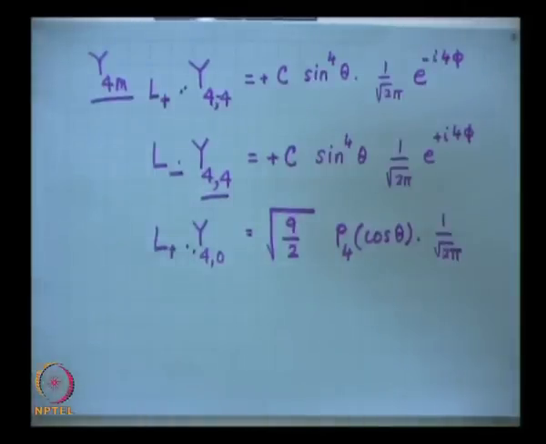So, therefore, in summary, I have given you a recipe for at least small values of L equal to 0, 1, 2, 3, 4.